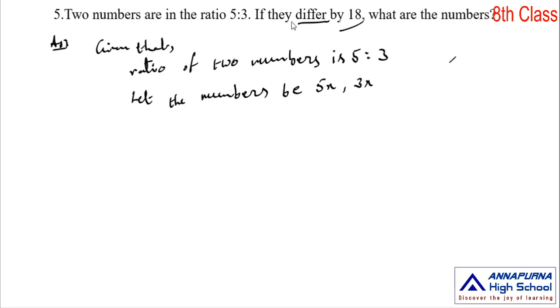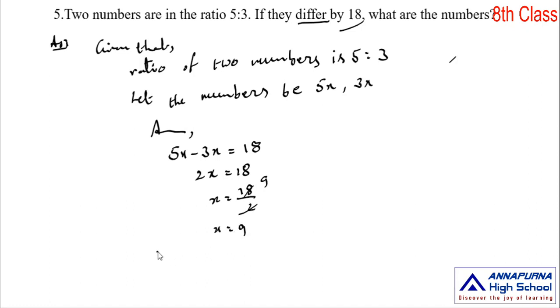In the second condition, their difference is 18. So according to the question, the difference of these two numbers, 5x minus 3x, is equal to 18. So 5x minus 3x is equal to 2x, equal to 18, and x is equal to 18 by 2, 18 nines are... so x is equal to 9.